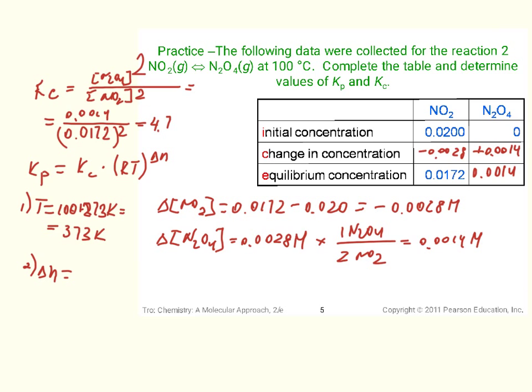Delta n is 1 mole for products minus 2 moles for reactants, which is negative 1. Hence, Kp is going to be found as 4.7 times 0.08206, which is R, times 373 kelvins, to the power negative 1, and when you calculate it, you will get 0.15.